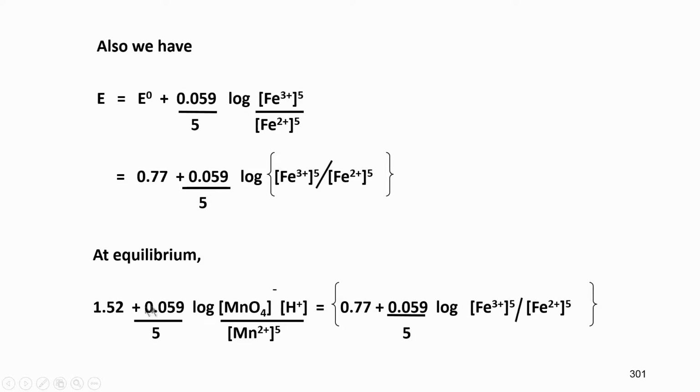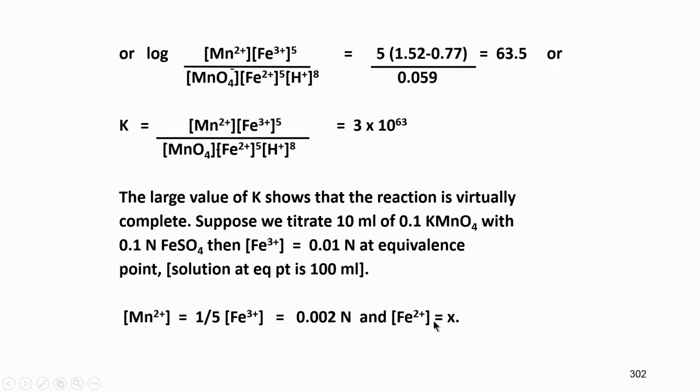If you take a look at this system, you can separate the numerical terms 1.52 and 0.77 on this side, and transfer this part to the other side and rewrite this equation. So, what do I have? Logarithm of Mn2+ and Fe3+ raised to 5, divided by MnO4- into Fe2+ raised to 5 into H+ raised to 8, should be equal to 5 into 1.52 minus 0.77.